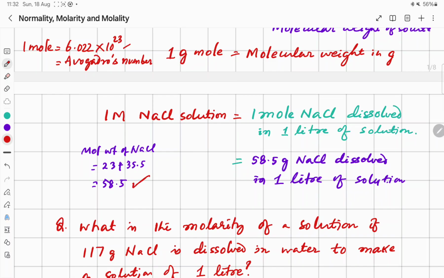So if we take 58.5 gram sodium chloride, then that will contain 6.022 × 10^23 sodium chloride molecules. So 58.5 gram sodium chloride is equal to 1 mole of sodium chloride.